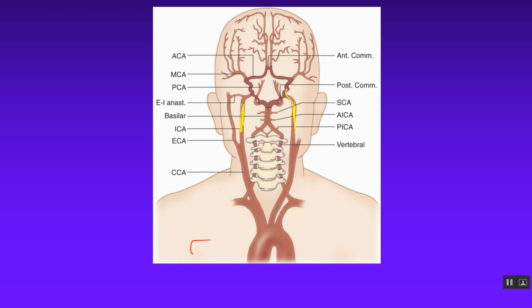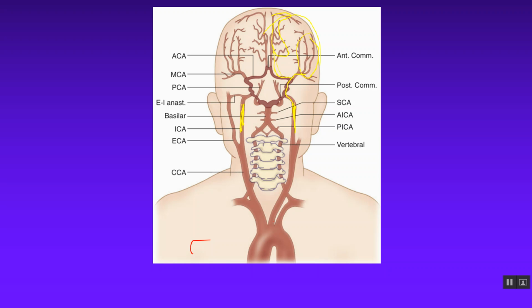The internal carotids come up and divide into the middle cerebral artery circulation and the anterior cerebral artery, which supplies that medial surface of the cerebrum. So that's the internal carotid coming up and supplying most of the cerebral hemisphere via the anterior and middle cerebral arteries.